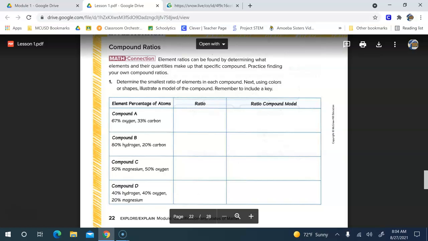So let's look at compound B. So we have 80% hydrogen and 20% carbon. So these are both divisible by 20.